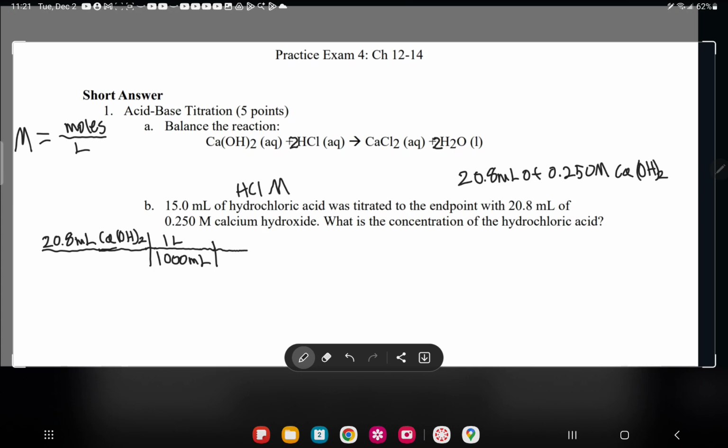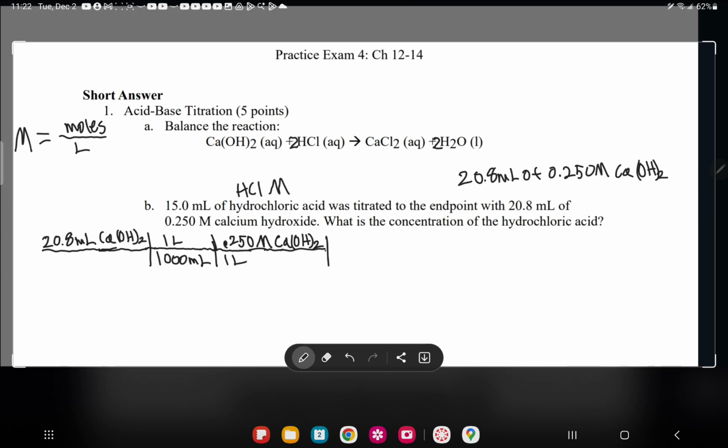And then we can use some of the cross-dimensional analysis to cancel out some of these units. So we know 1 liter is equivalent to 0.250 moles of Ca(OH)2.